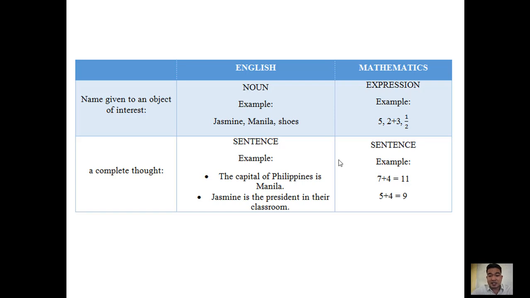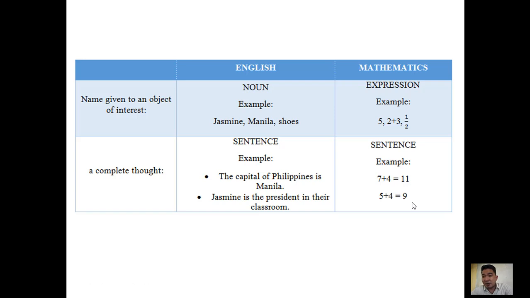While in mathematics, sample sentences are 7 plus 4 equals 11, 5 plus 4 equals 9. As we can see, focusing on mathematics, expressions are those without an equal sign. But to make it a mathematical sentence, there should always be an equal sign or an inequality sign.